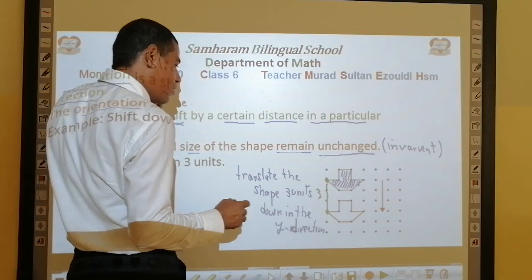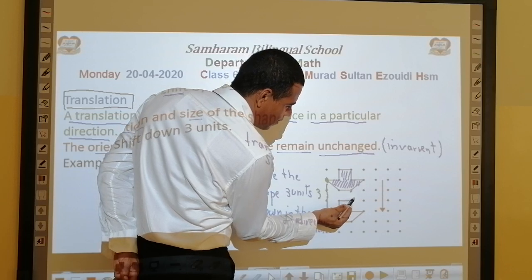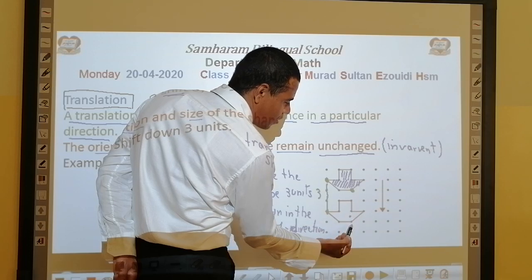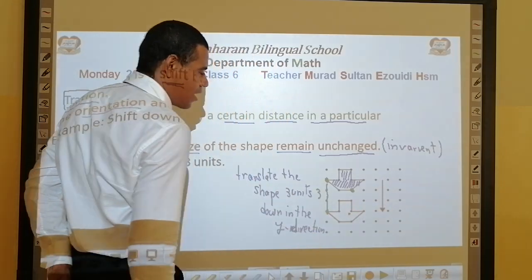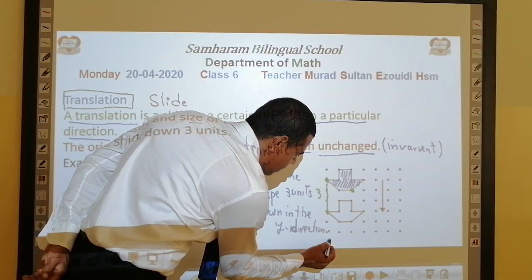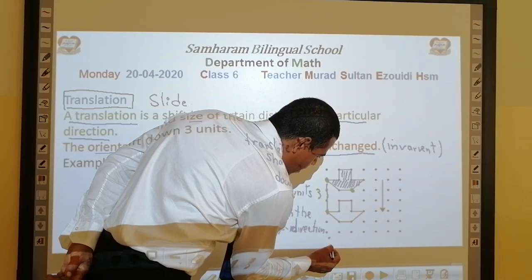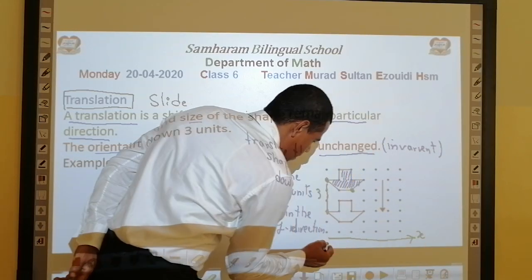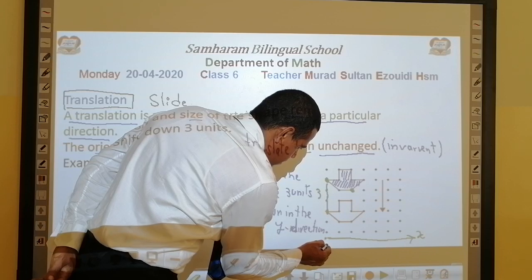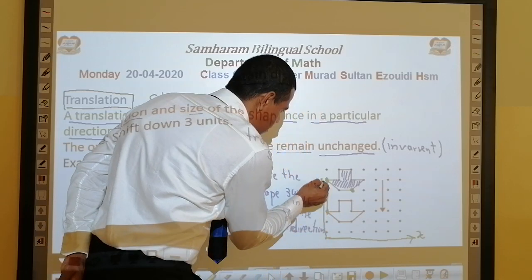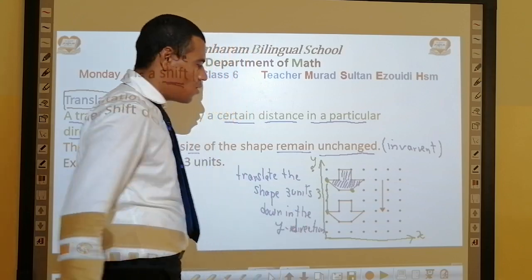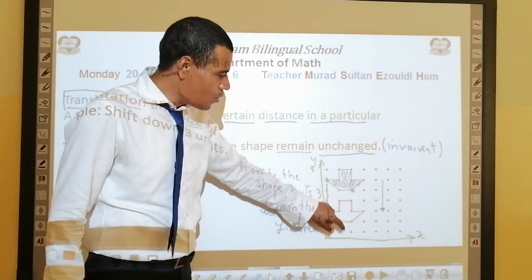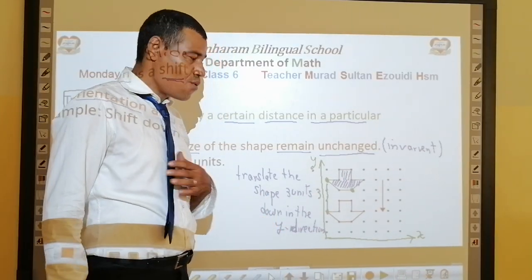Then, if you choose another point, for example this one, I will slide it 3 units in the y direction. If we suppose that this is the x direction, and this one, my kids, is the y direction, now I will slide this point 3 units down in the y direction.